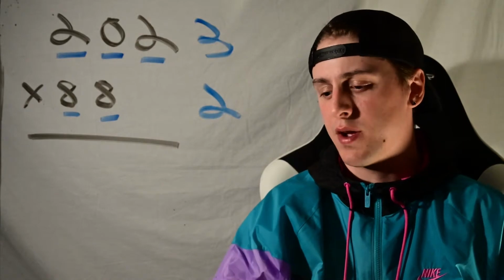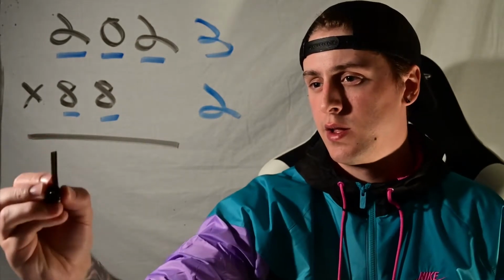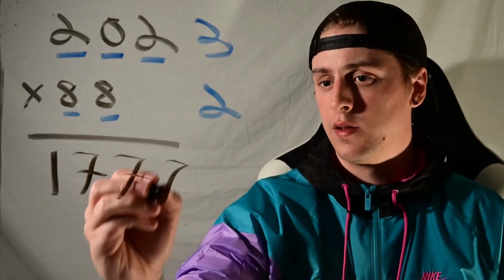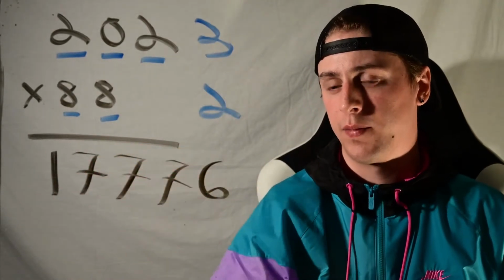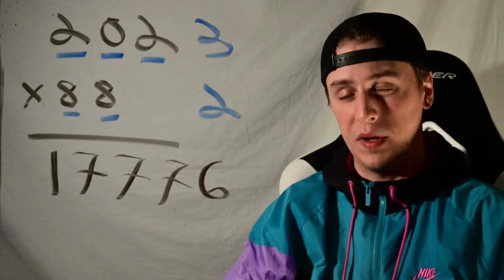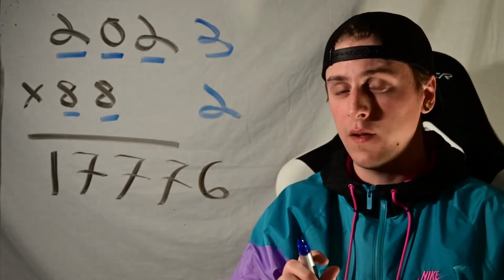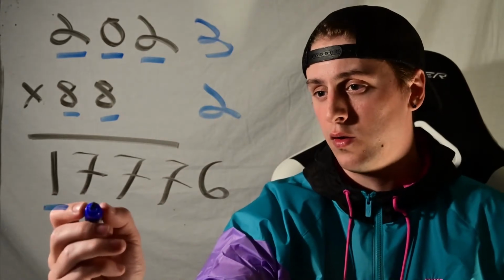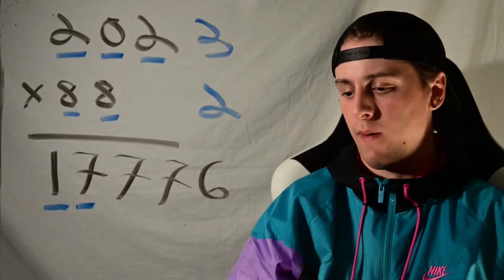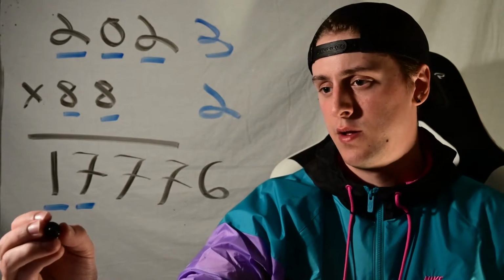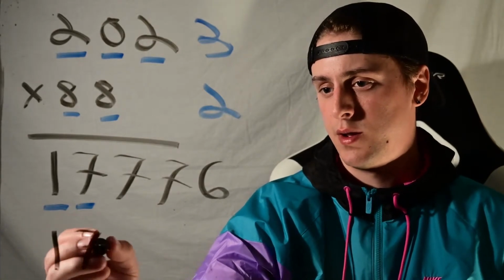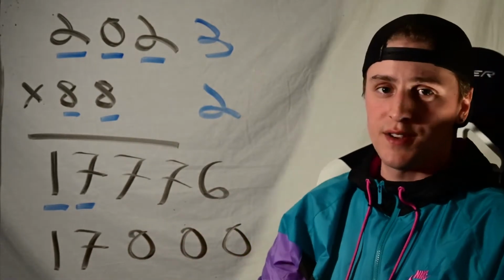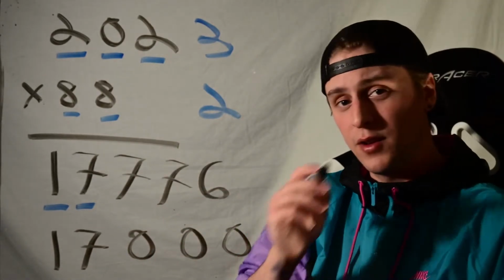And when we times this out, what we're going to get is 17,776. So we take the lowest amount of significant figures in our equation. That's 2. So we're going to go to 2 places. Our final answer here is simply 17,000. And that's it, man. You got it.